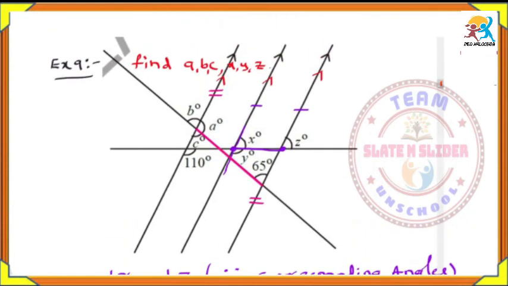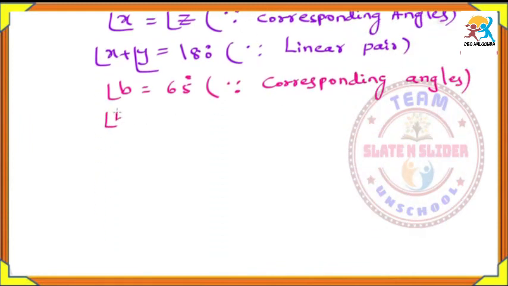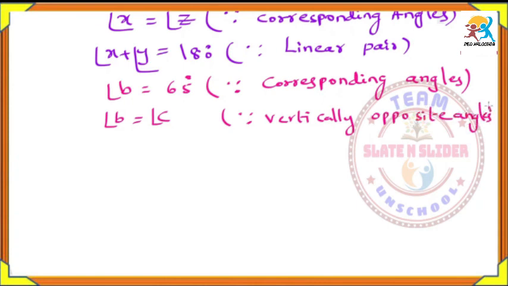We got the measure of angle B, and this angle B and angle C both are equal. How can I say that the two angles are equal? Angle B is equal to angle C I am writing. How can I write that? Since they are vertically opposite angles, so we can write angle C is equal to 65 degrees. Just keep them in brackets.